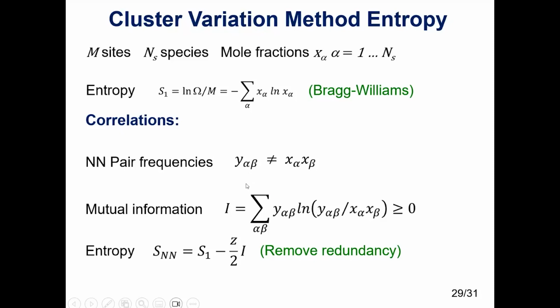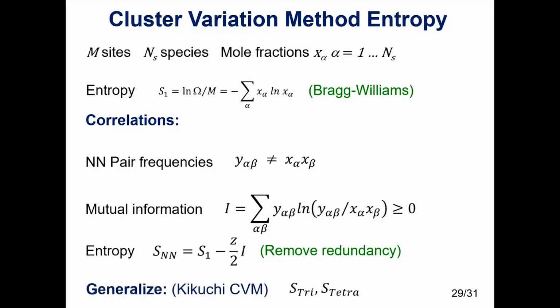And according to principles of information theory, the entropy can be expressed as the entropy of ideal mixing minus the number of bonds per site times the information content of the correlations along these bonds. So within information theory, we think of this as removing the redundancy. We remove redundancy in the amount of information required to specify the chemical distribution.